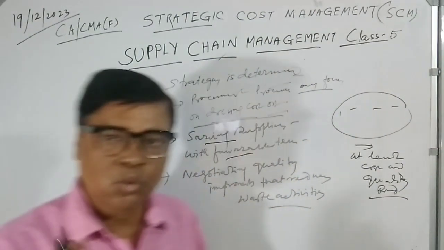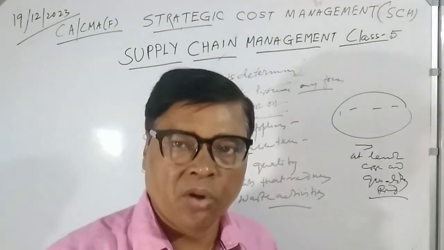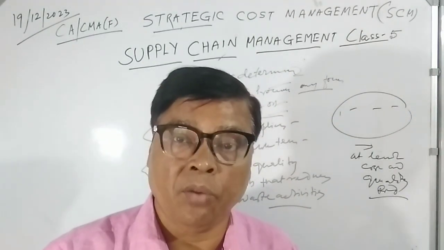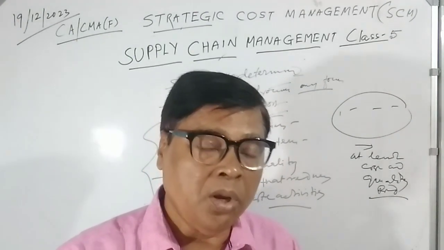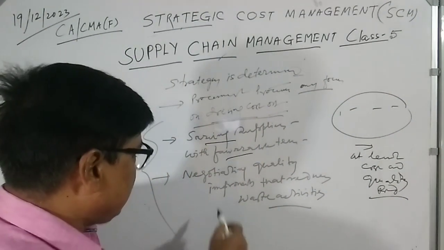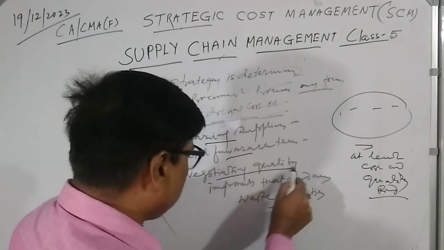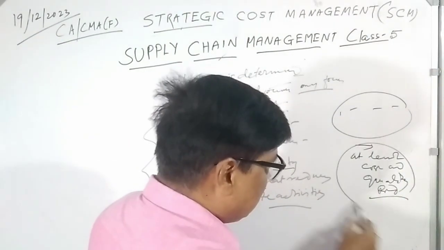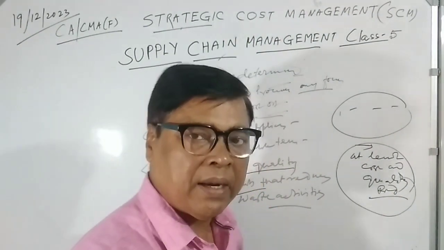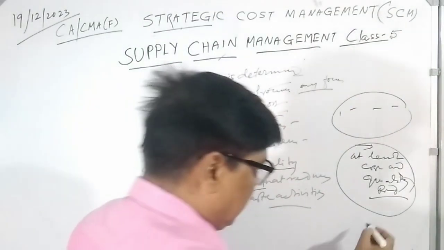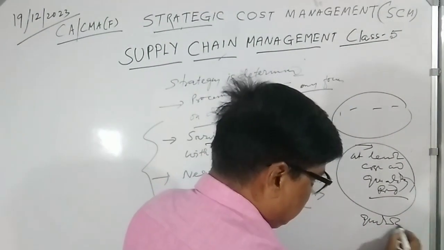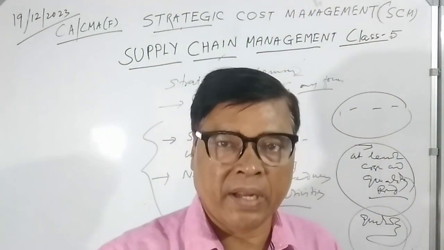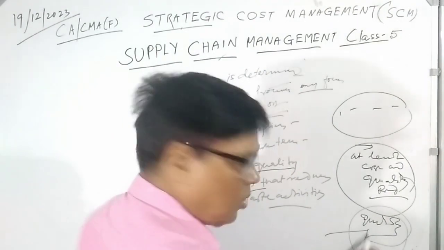So you should have information about the global market, from where you can purchase the right kind of raw material for your production process, and at the same time you have to negotiate quality improvements. If you purchase the right quality and right kind of material at the right cost, and at the same time improve quality, that is vital, because your finished end products are based upon your raw material only.